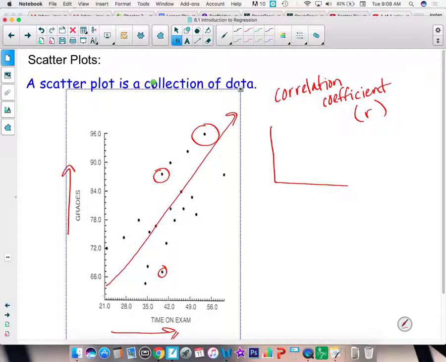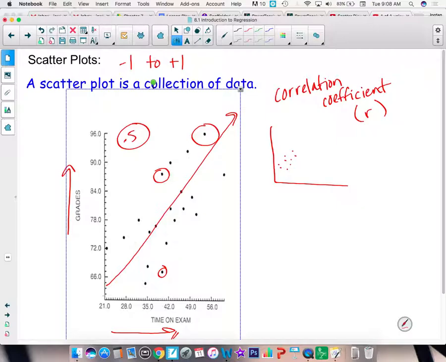The one that we're looking at here, with the line I have drawn through it, might be like a 0.5. First of all, it's positive, so it's going to be a positive 0.5, but remember when we do correlation coefficient, we use values from -1 to a positive 1. If you get closer to a -1 or closer to a positive 1, that is a good correlation. That is a good fit for the line.